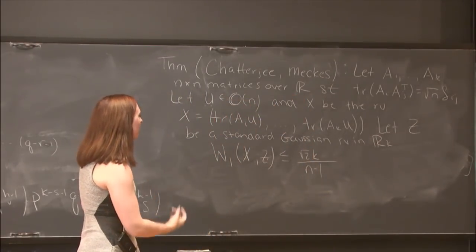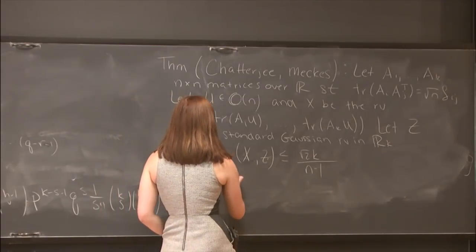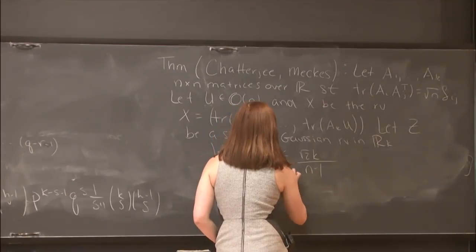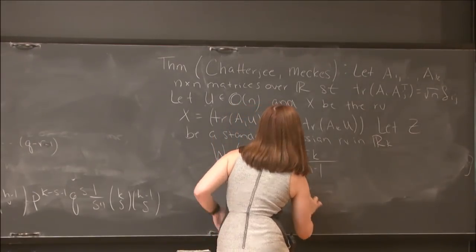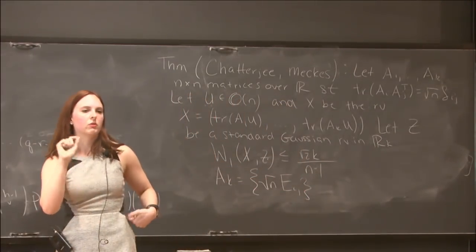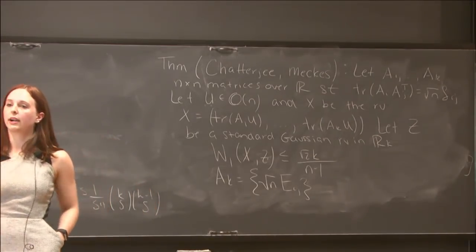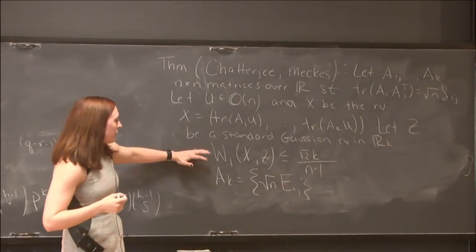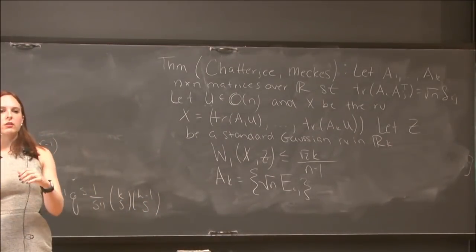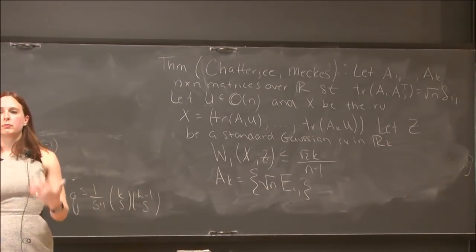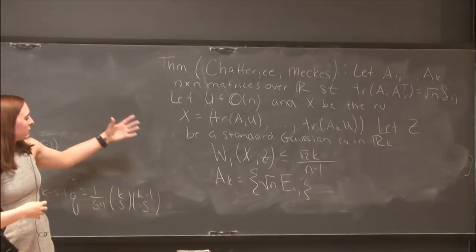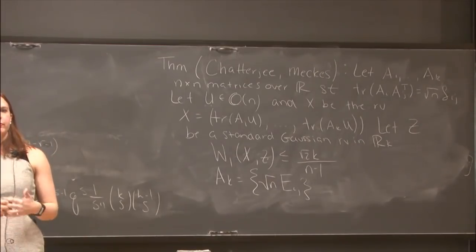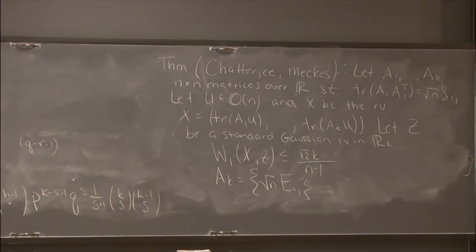In particular, if we take the A_k to be root n times E_ij, where this is the matrix with a 1 in the ij entry and zeros everywhere else, then this gives us the result that in this weaker notion of distance, we can choose any little o of n entries out of the matrix we like. And so this answers the original question, but in a coordinate-free way. All right. Questions?